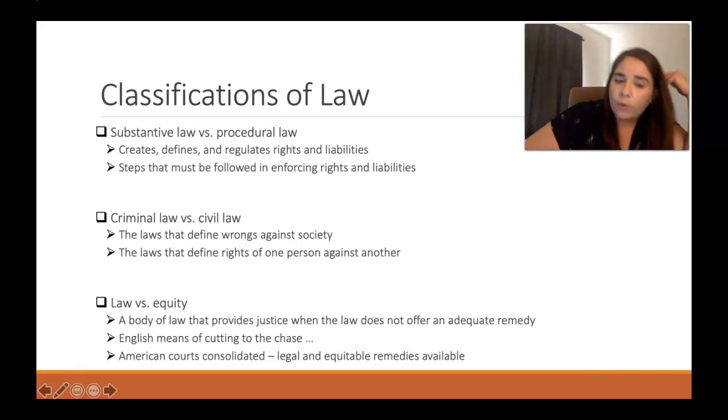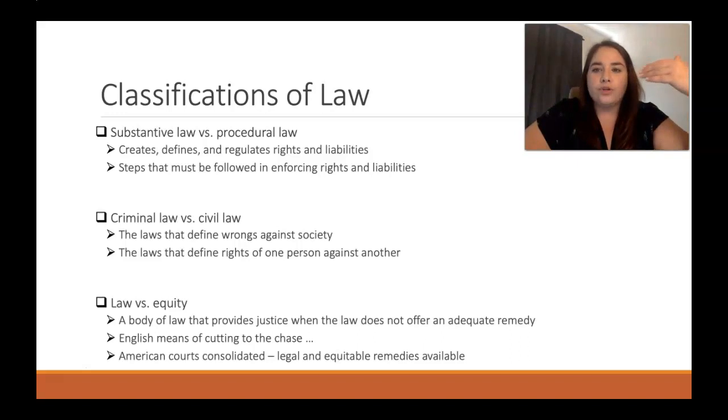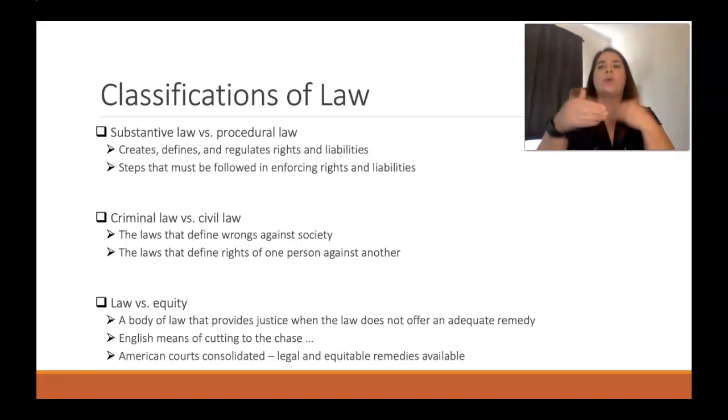And then lastly, we don't really utilize equity anymore. Equity was a super neat concept in the English Commonwealth, where we really talked about what justice was rather than how we would have to get there. So they would look at a case and say, justice is you get half, and then we are done.